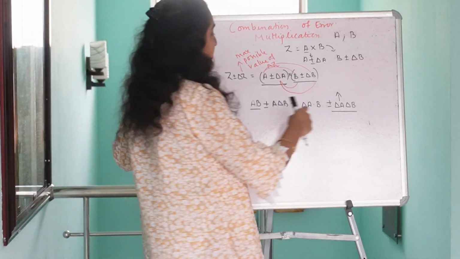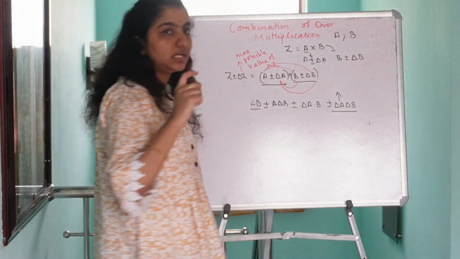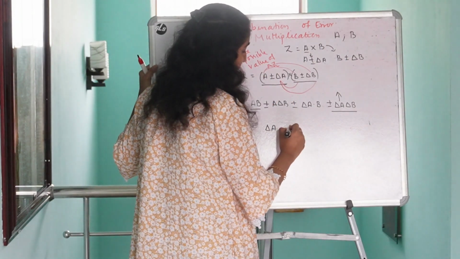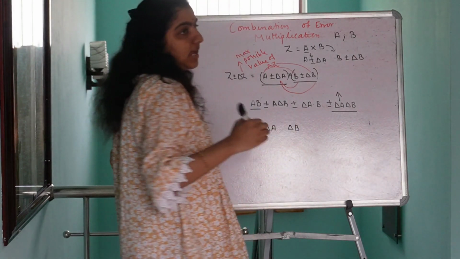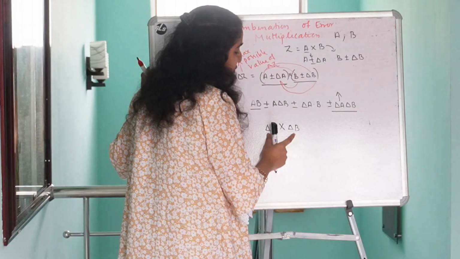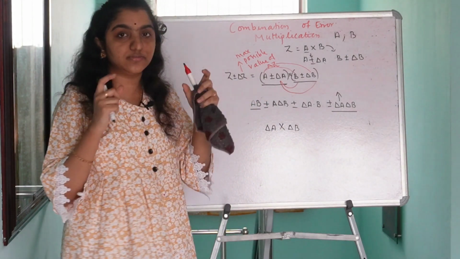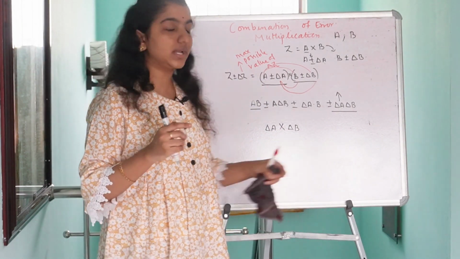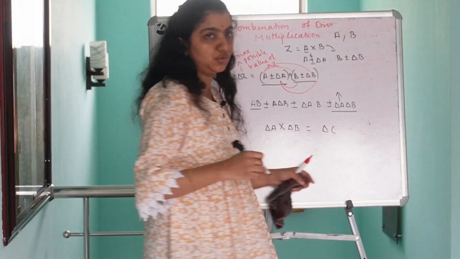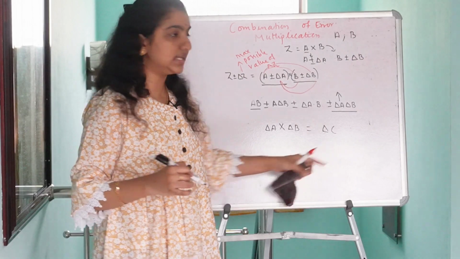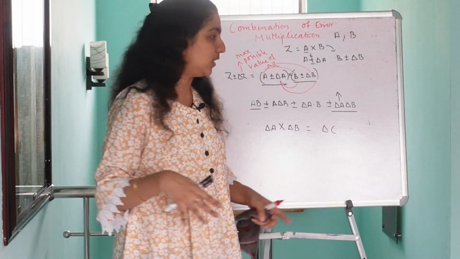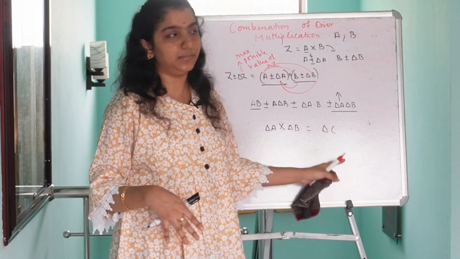Since we are multiplying these two extremely small values, suppose you are getting another value del C, this del C will be even smaller than del A and del B.